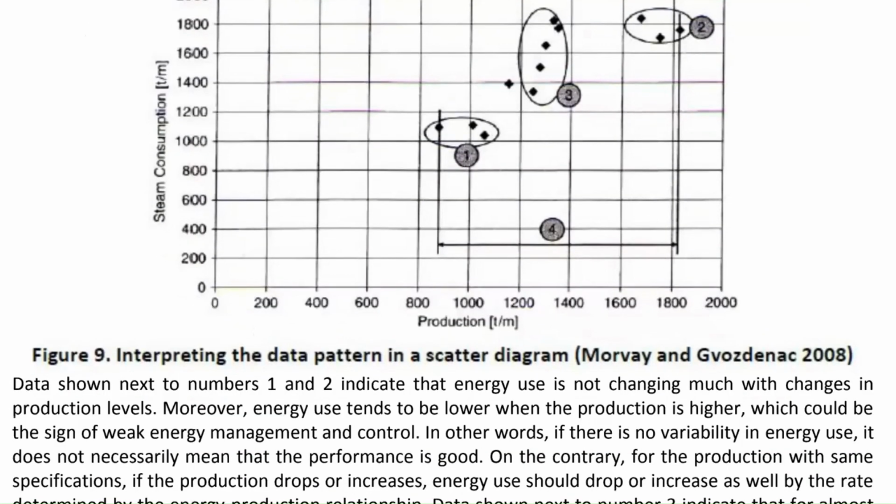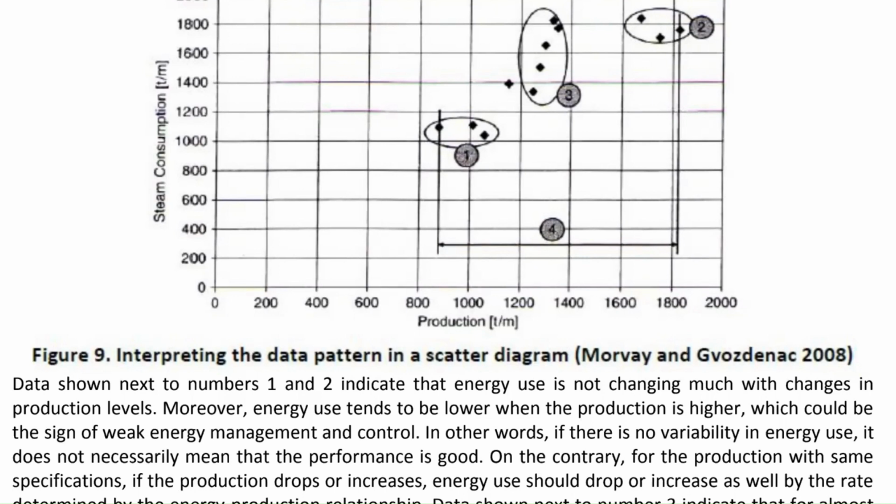As in the case of the first group, you can see that the third dot represents the production of somewhere, you can say, 1040 or 1030 tons per month, and the energy consumption in the form of steam is somewhere around, it is again, 1030-40 tons per month.